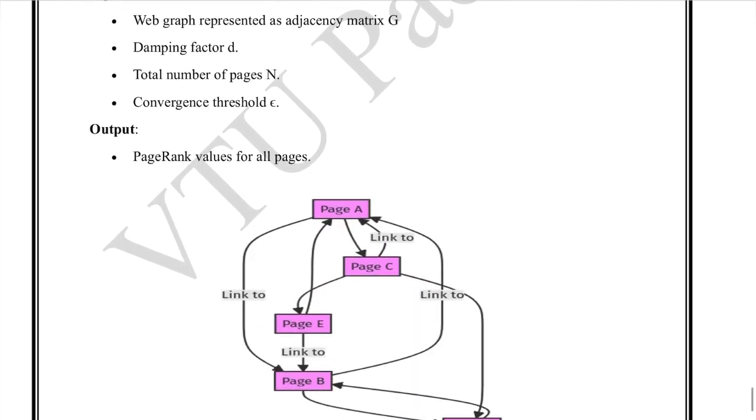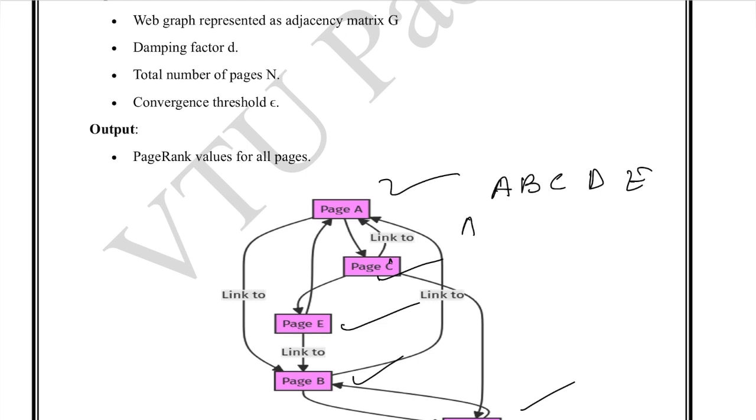Now see, you can see pages A, B, C, D, and E. First you create the adjacency matrix, whether or not you already have a graph. As you already studied in DSA, rows A, B, C, D, E and columns A, B, C, D, E. Check A to A. Anything there? No, nothing, so put 0. A to B? No, it's not there, put 0. A to C?